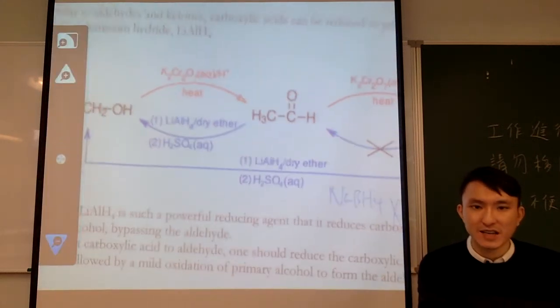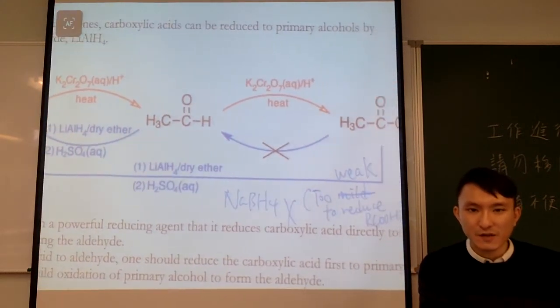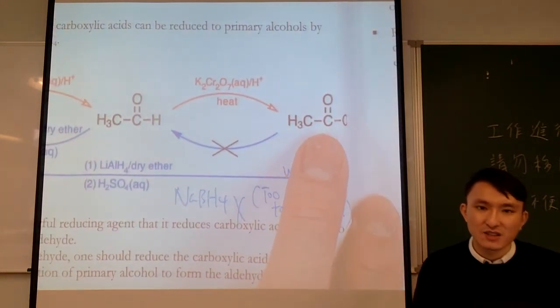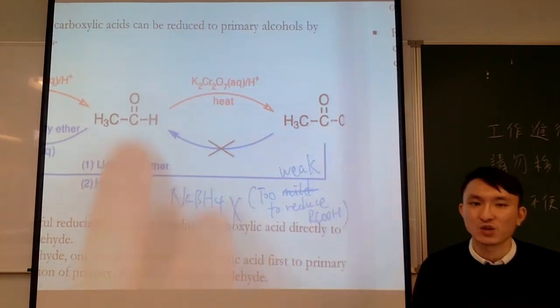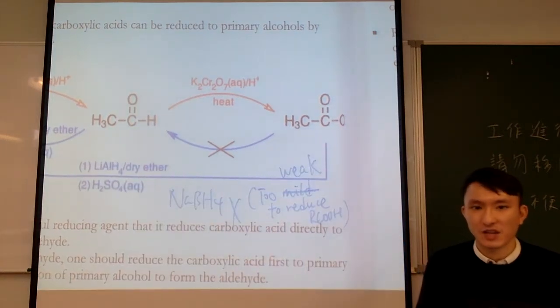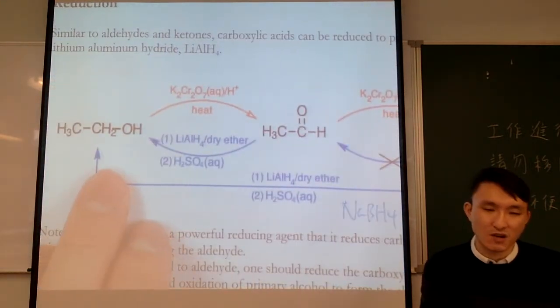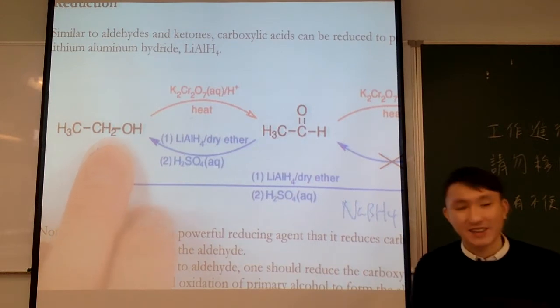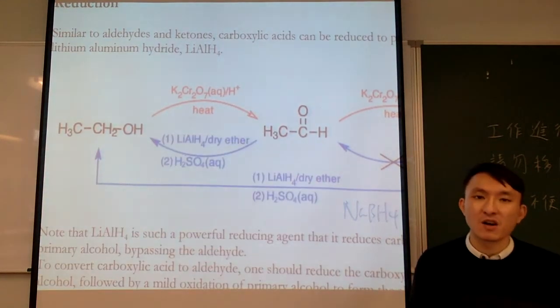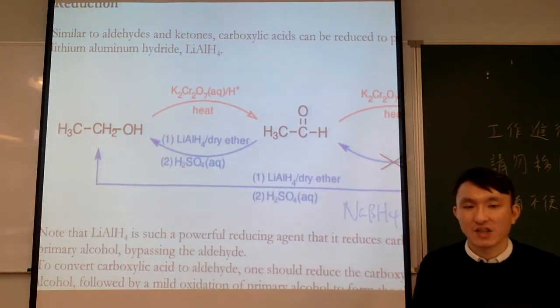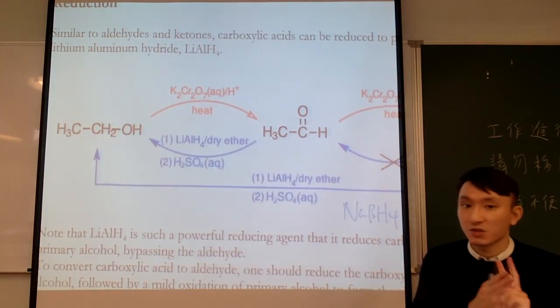So you may ask, hey sir, what if I really want to reduce the carboxylic acid back to the corresponding aldehyde? What should I do? What you should do is first carry out a reduction to form the corresponding primary alcohol, and then carry out a mild oxidation with potassium dichromate to form the aldehyde. So you need two steps.